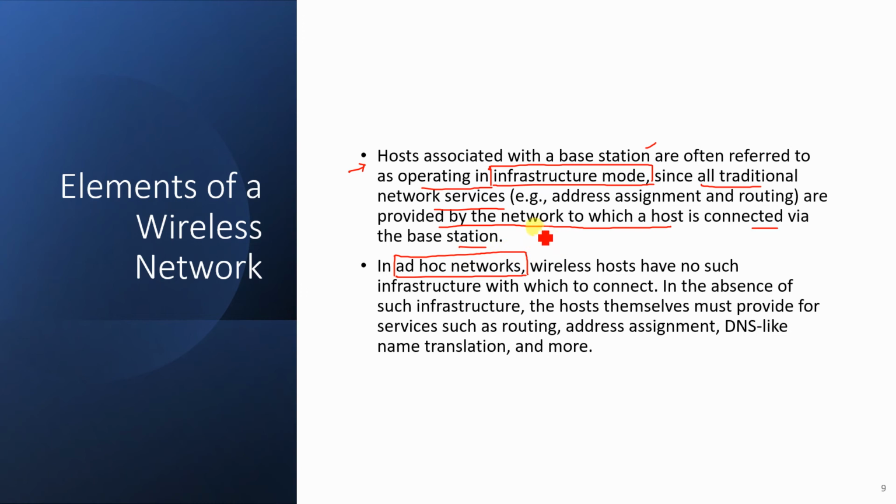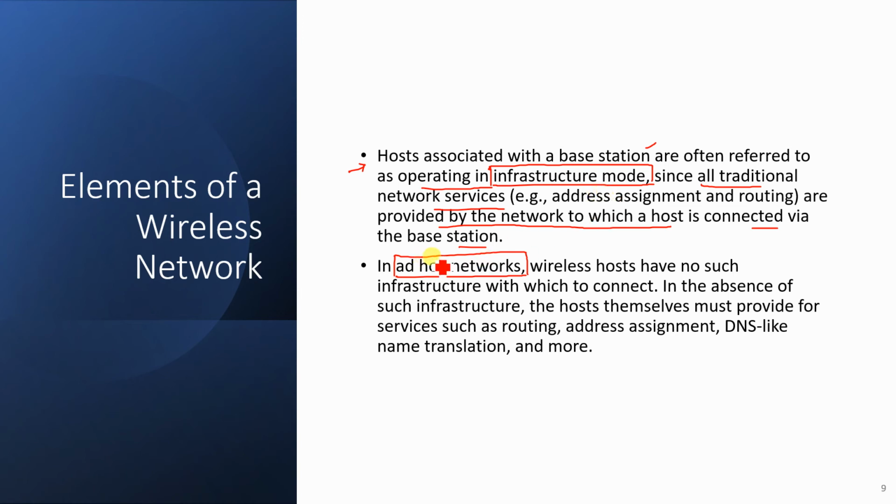So you can think of something like this. Whenever a mobile company tries to provide you a service, it puts base stations, or we can say mobile towers, at different locations, and your mobile phone gets connected to that tower. That tower communication is nothing but what is called the infrastructure.